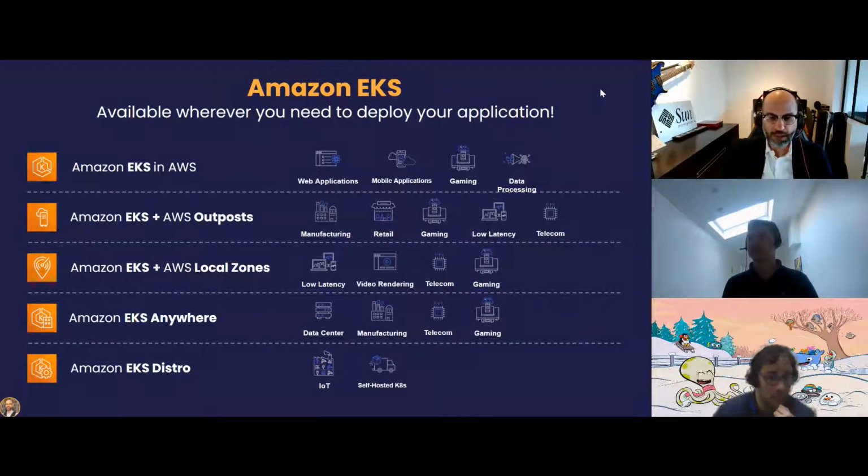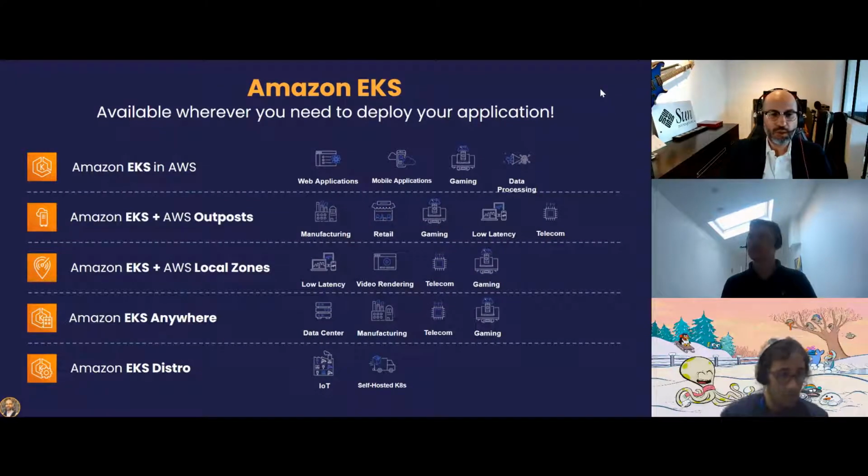And for several use cases, customers need to deploy their clusters on premises, on their own hardware. It could be for regulatory reasons, for data location problems, or just that the customer had invested in some hardware that still needs to be used for a couple of years, and they still need to deploy the clusters there. So apart from EKS running on AWS, we have announced different options for that.